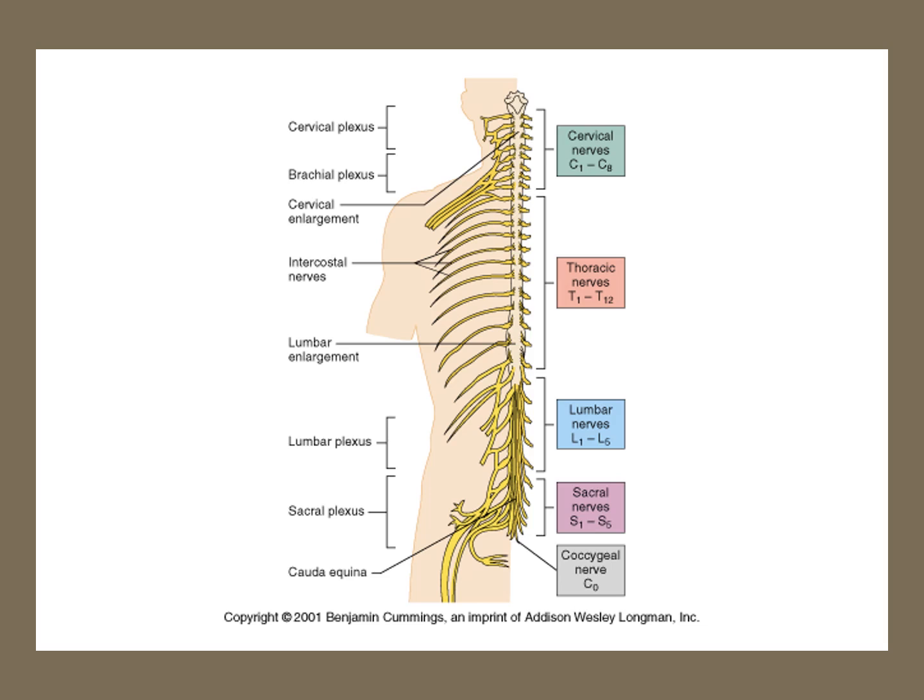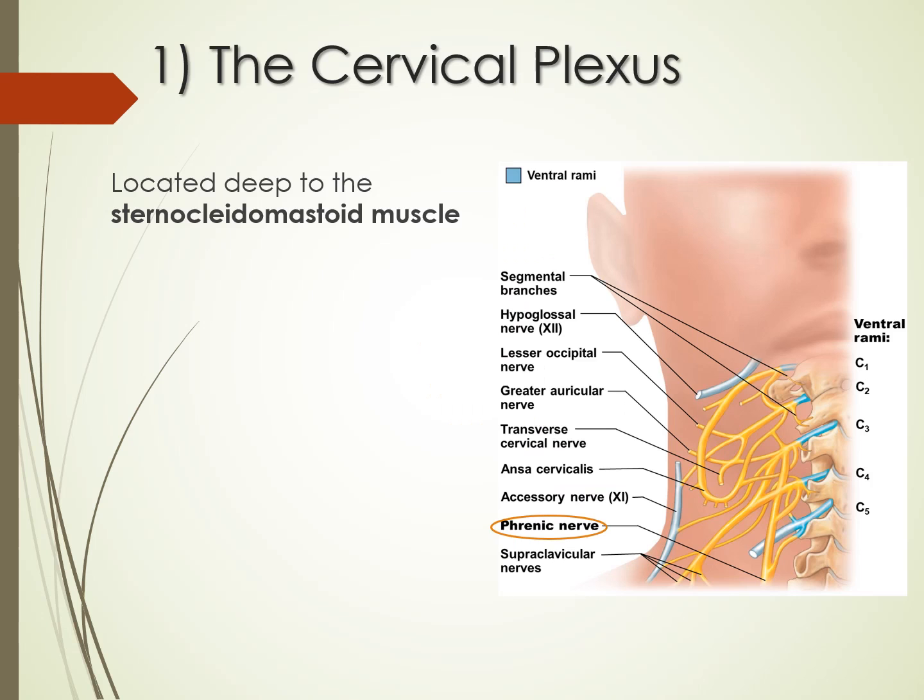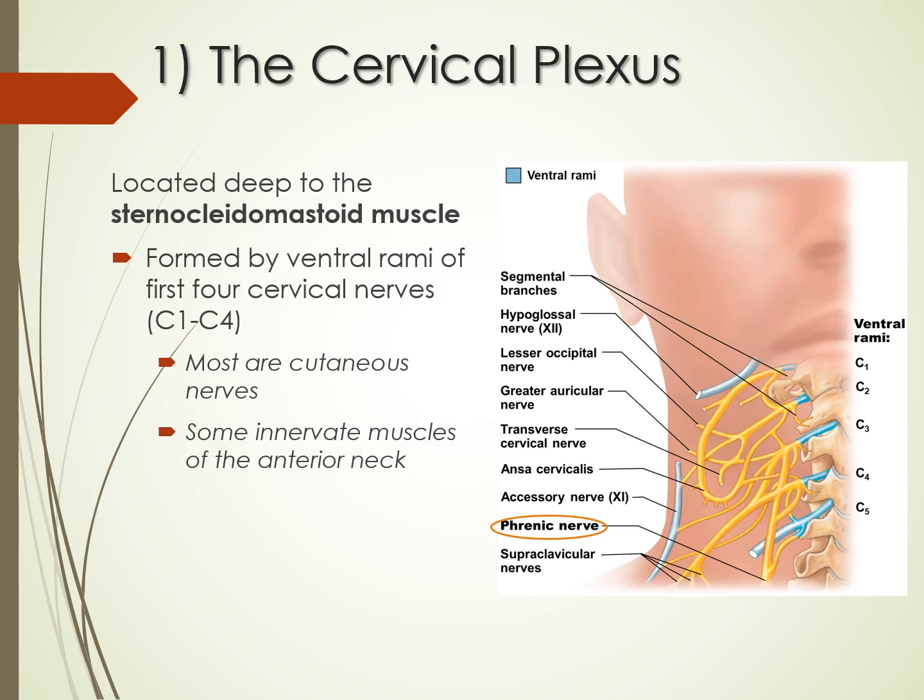So if you're in the region of the thoracic nerves, you're going to become an intercostal nerve if you're a ventral ramus or rami. And then you have your 2 plexuses in the upper body, which is your cervical plexus and brachial plexus, kind of in the neck and shoulder region. And those are because of the nerves going to the upper limb mostly.